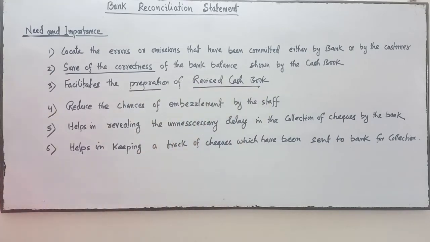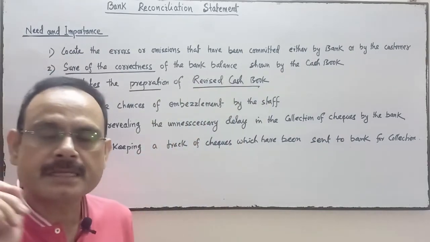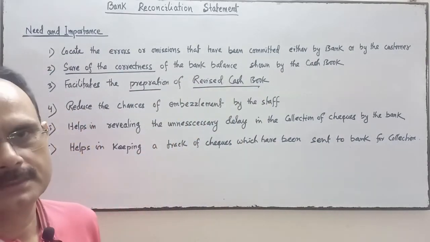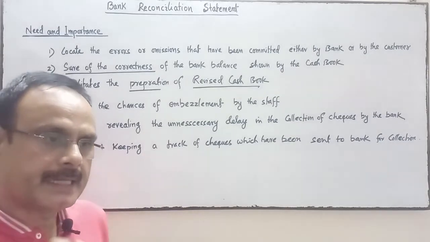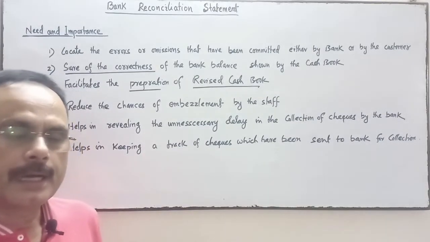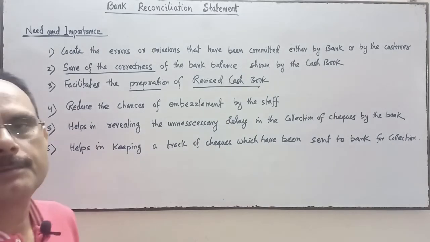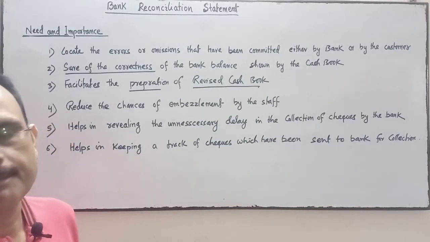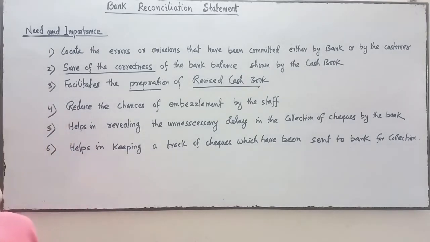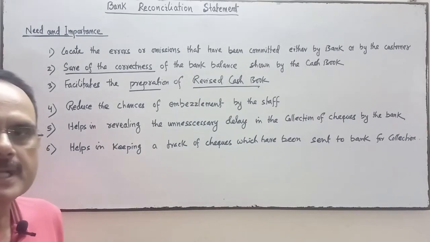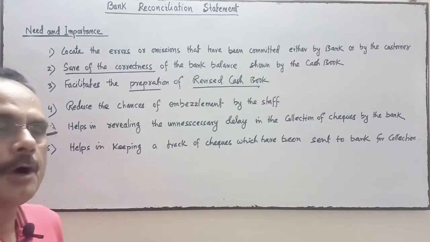Next is reduce the chance of embezzlement or fraud. When we prepare the BRS timely and at a suitable time interval, half yearly, quarterly, fortnightly, monthly, then definitely this will reduce the chance of embezzlement or fraud.